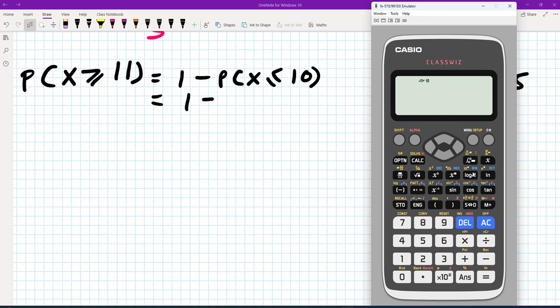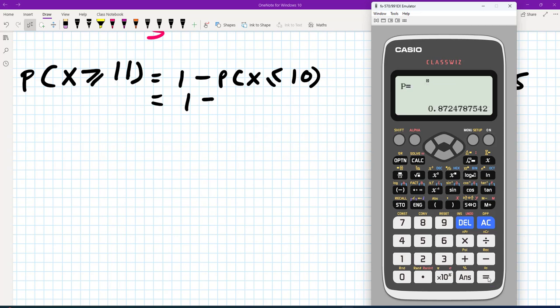We get our calculator, go to menu, option 7, go down to binomial CD, to 2, and X in our case is 10, because don't forget you read that as X is less than or equal to 10, because binomial is a cumulative distribution or a sum of probabilities. N in our case will be 20, because we've got 20 patients, and the probability was 2/5, so 2 divided by 5.